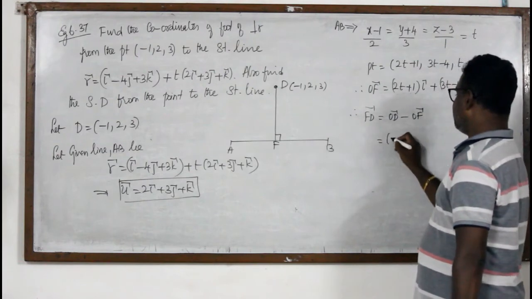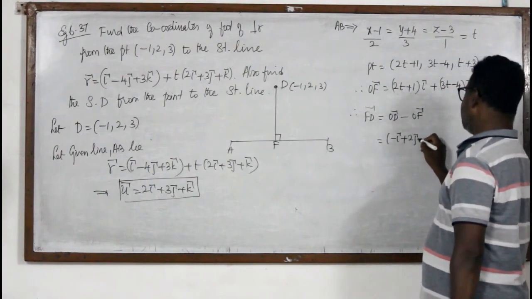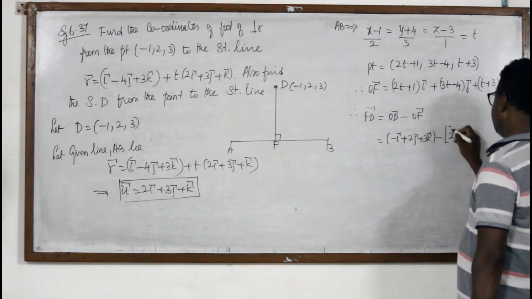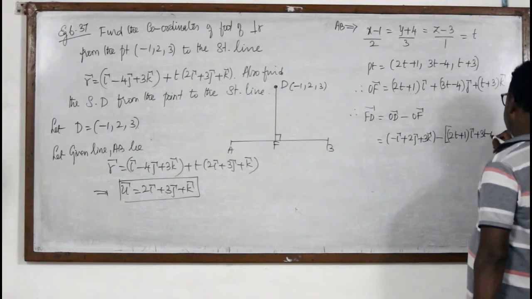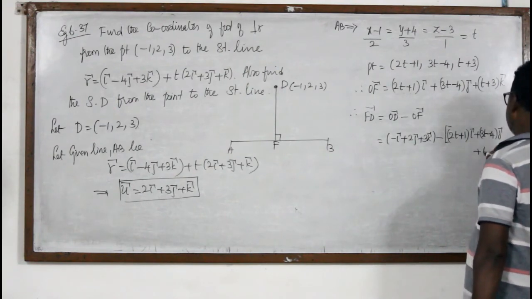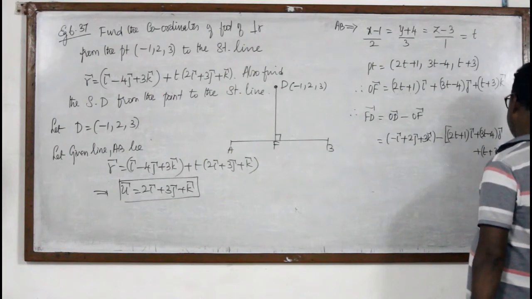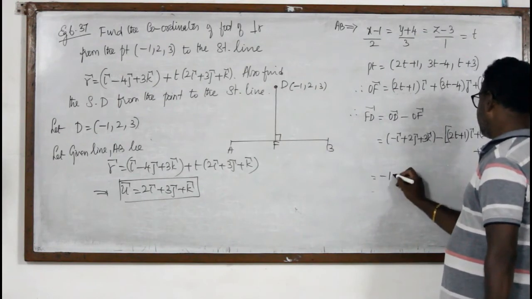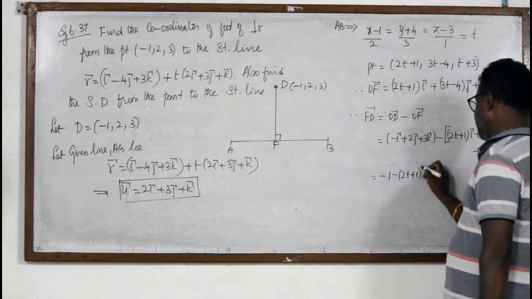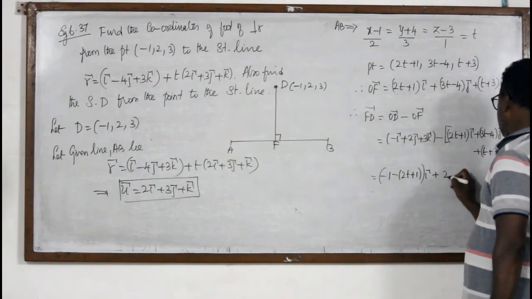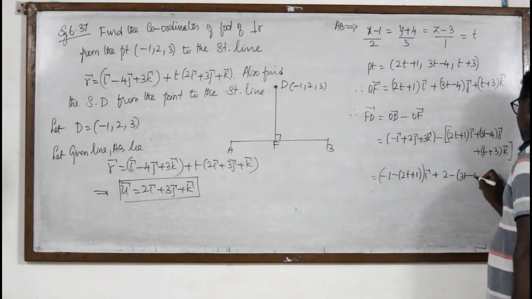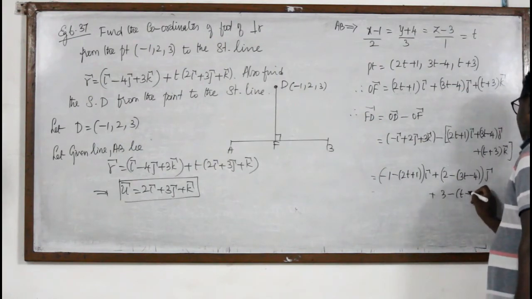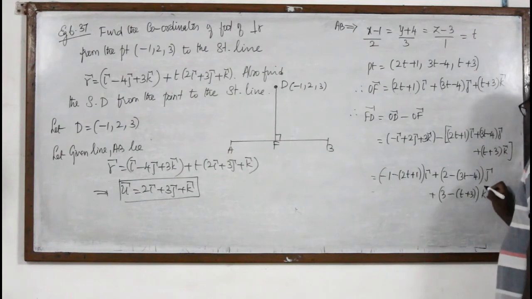OD is minus i plus 2j plus 3k minus (2t plus 1)i, (3t minus 4)j, (t plus 3)k. Therefore the components are: minus 1 minus (2t plus 1) for i, 2 minus (3t minus 4) for j, 3 minus (t plus 3) for k.